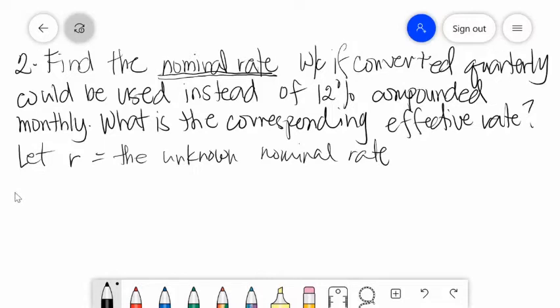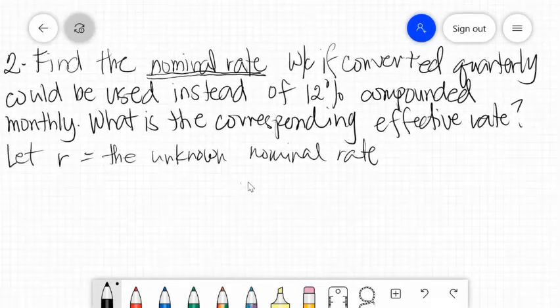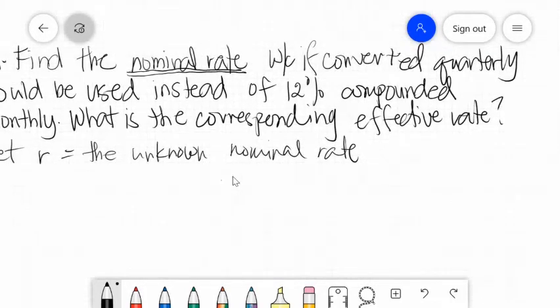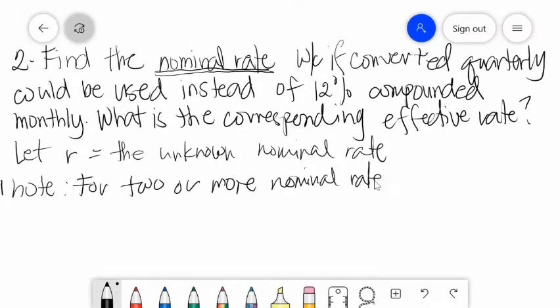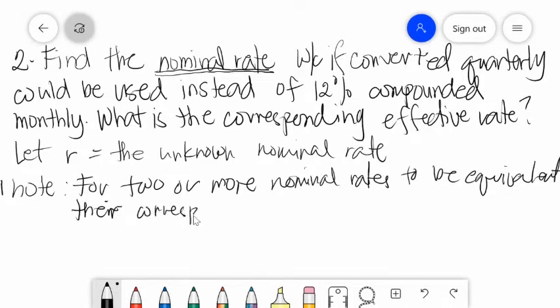So take note, for 2 or more nominal rates to be equivalent, their corresponding effective rates must be equal.